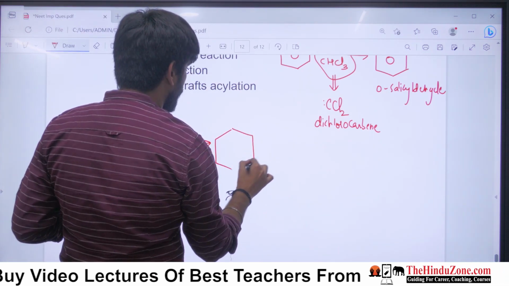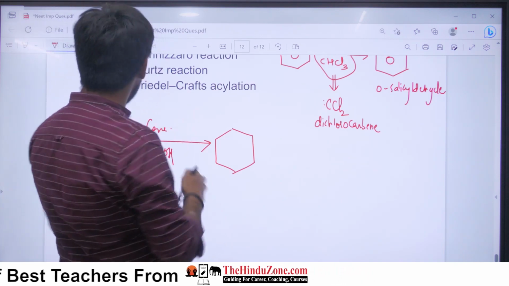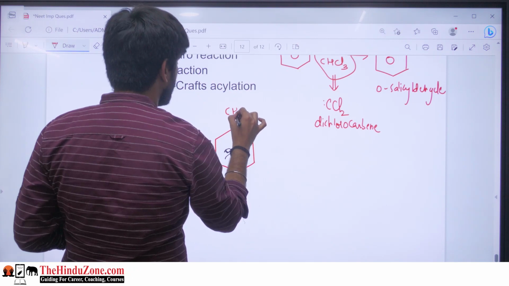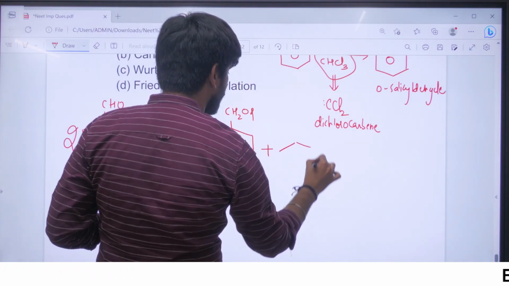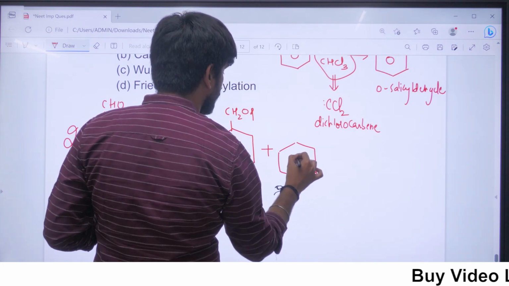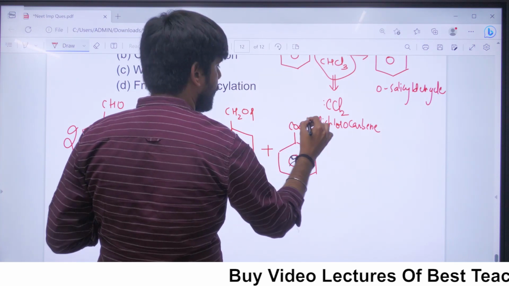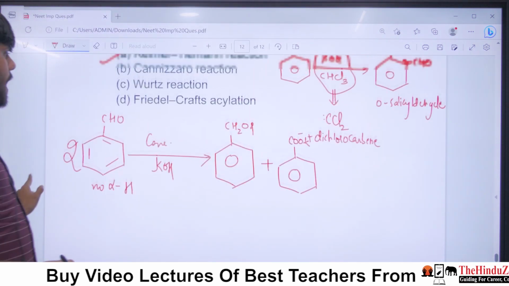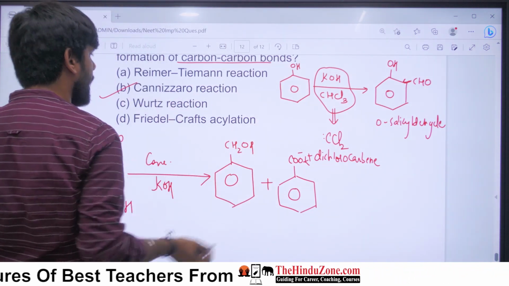One molecule will basically give me the self reduction product, which is your alcohol, and the other molecule will give you the self oxidation product, that is COOH, but since I have base, this is COO minus K positive. So if you see, I do not have any new carbon-carbon bond, so I think this is the answer only.